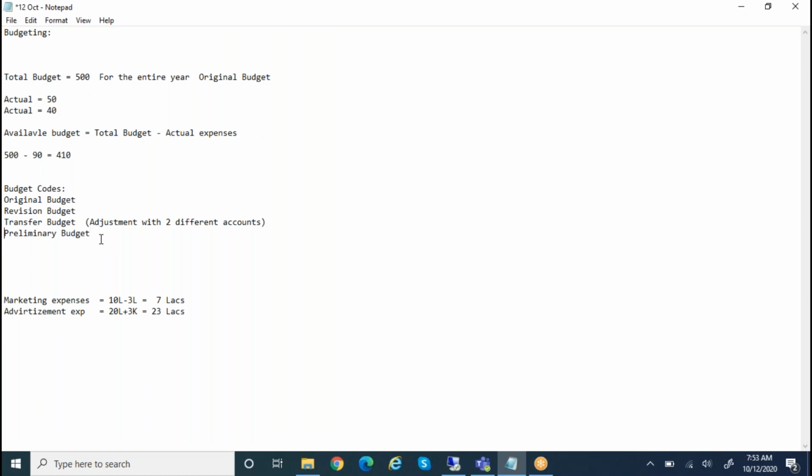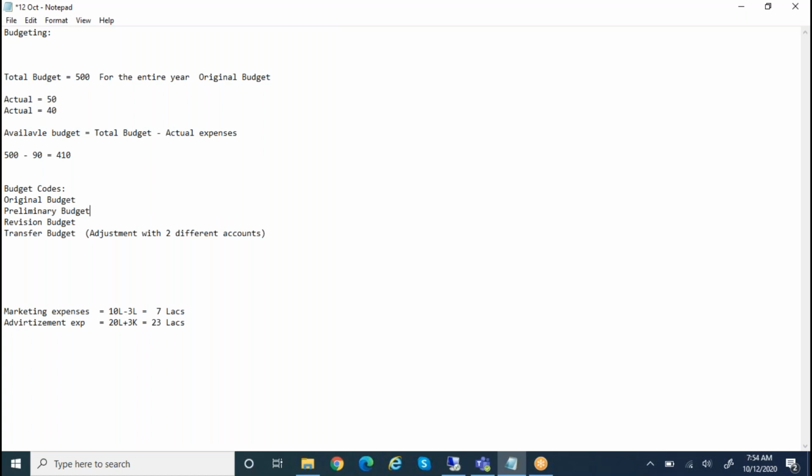What does preliminary budget mean? Here the original budget is not finalized. If the original budget is not finalized, then the preliminary budget can be used. Understood? This is a temporary budget. If in case the original budget is not finalized, I can use the temporary budget.